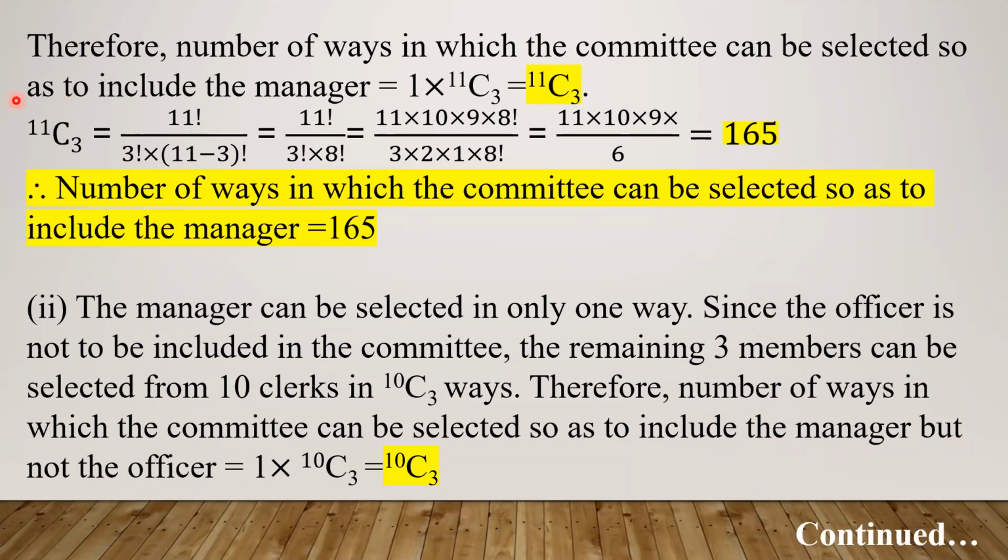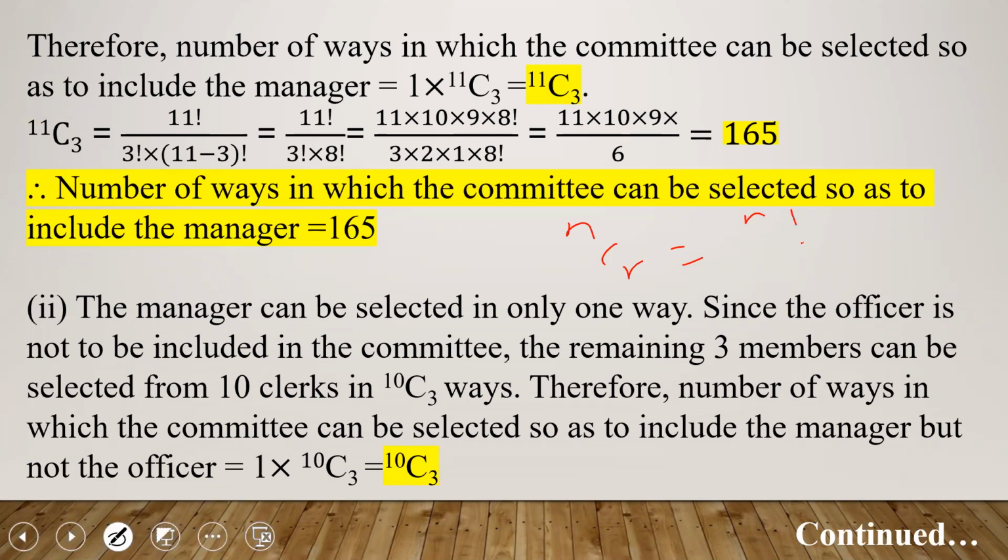So I have calculated here. 11C3 is equal to 11 factorial divided by 3 factorial into (11 minus 3), that is 8 factorial. Remember the formula. What is the formula to calculate nCr?